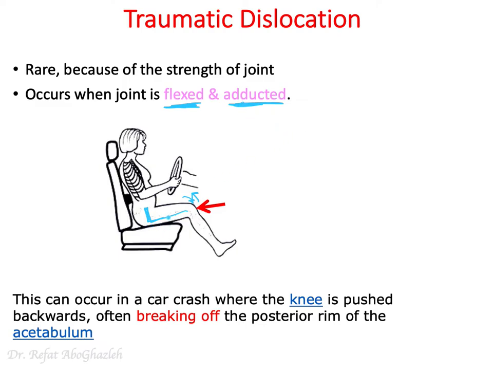They're close to each other and flexed. That means the joint is more vulnerable to dislocation posteriorly, right? So in this case, when there is a vehicle accident and you have a push against your knee, the hip joint can be dislocated posteriorly.